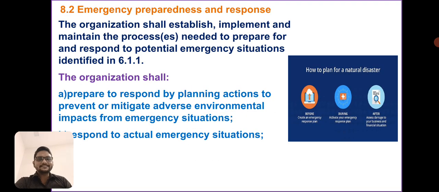Next is emergency preparedness and response, that is 8.2. The organization shall establish, implement and maintain the processes needed to prepare for and respond to potential emergency situations identified already in 6.1. Now the organization shall prepare to respond by planning action to prevent or mitigate adverse environmental impacts from emergency situations, and respond to actual emergency situations.